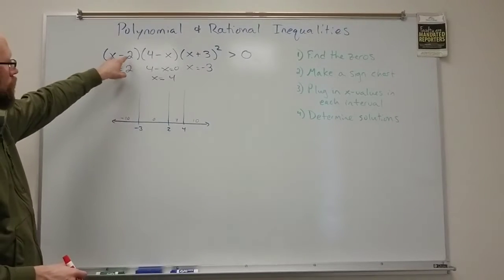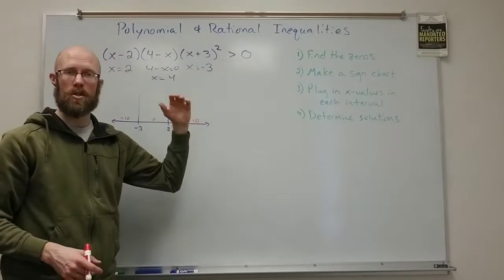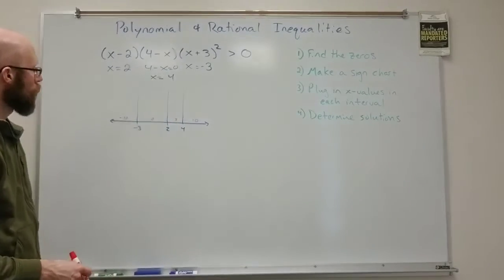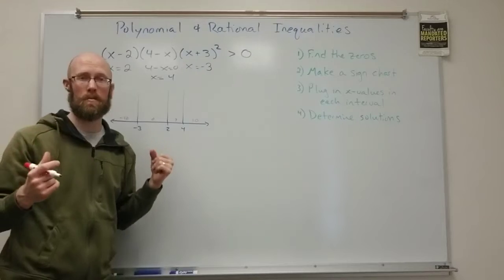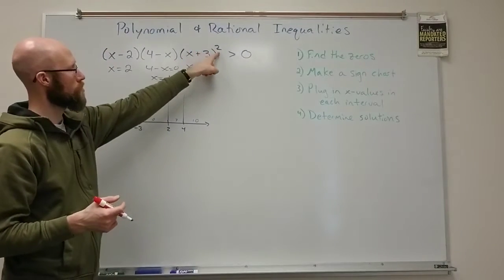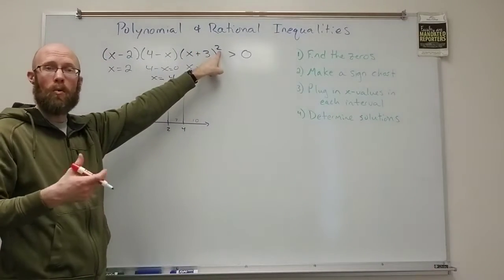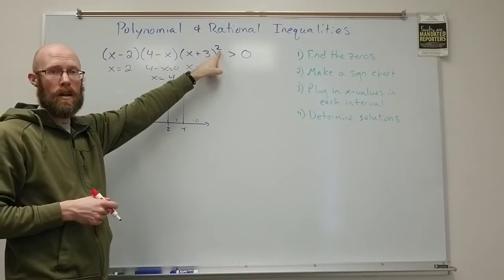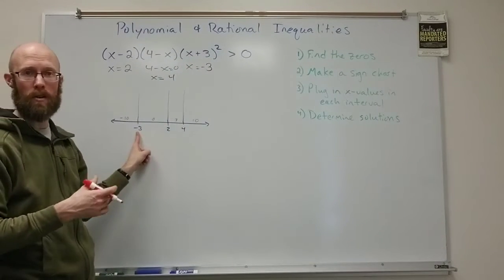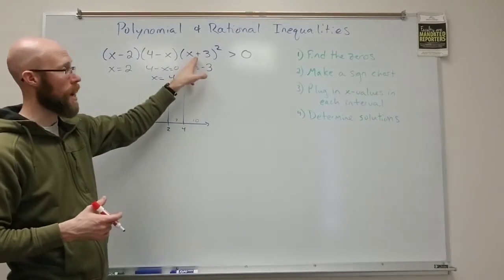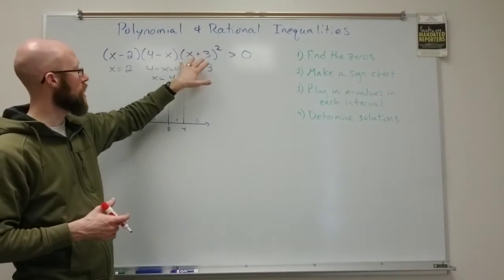And again, I'm going to go to my factored form and just start plugging those in. One thing that kind of stands out to me is that this last factor is squared, which means it's always positive, right? I mean, or 0, but it's only 0 at that point, so we already accounted for that. Everywhere else it's going to be positive, okay? So this factor is positive.